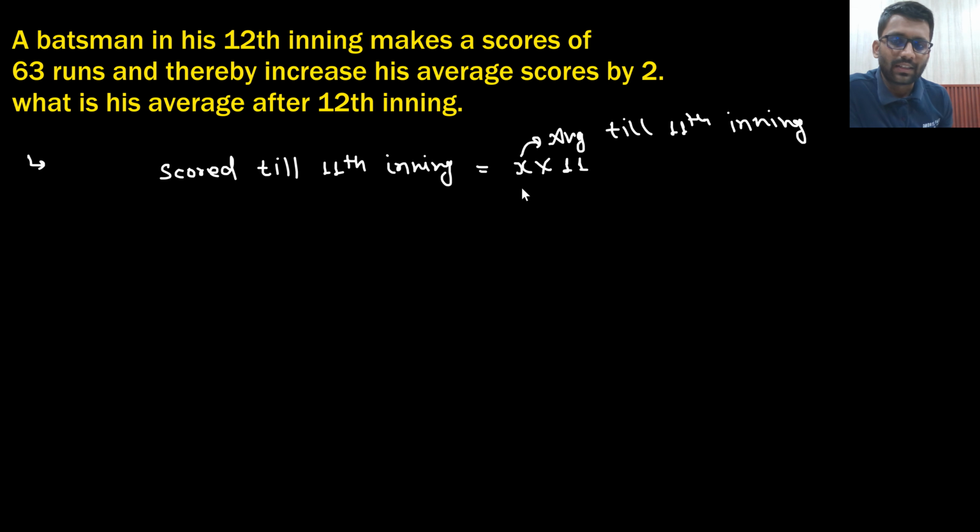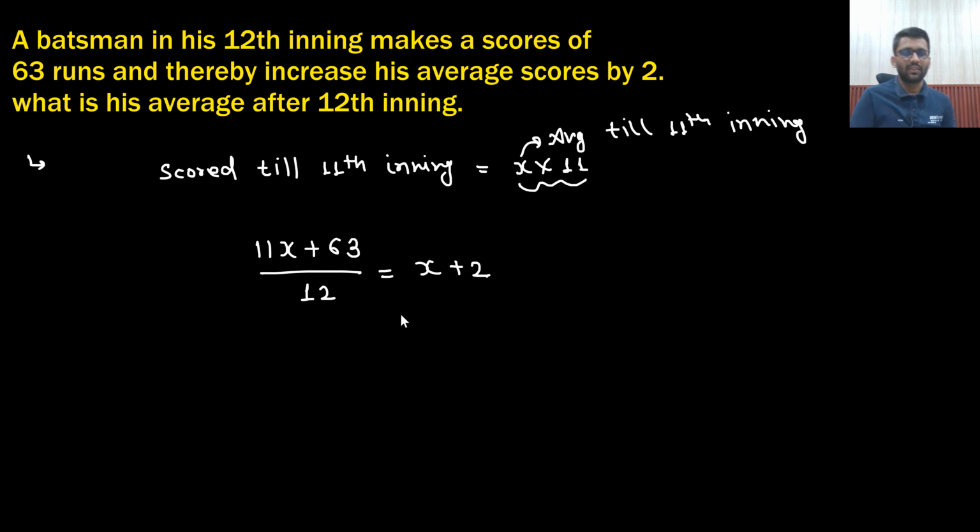So these are the total runs. So after that, what did he do? He scored 63 runs. So in 12 innings, he has scored this much of runs divided by 12. Then his average got increased by 2 runs. So initially his average was x, now his average got increased by 2 runs. X plus 2. Did you understand this equation?